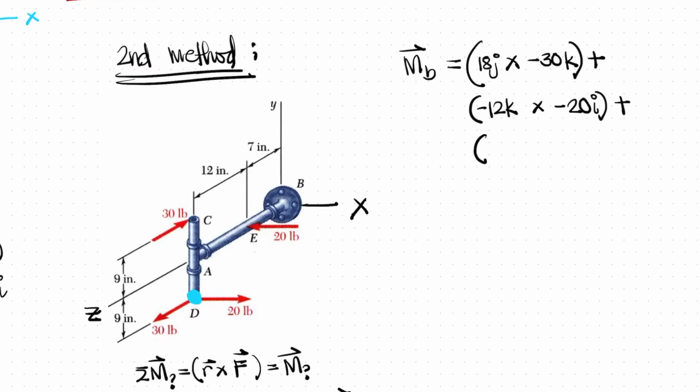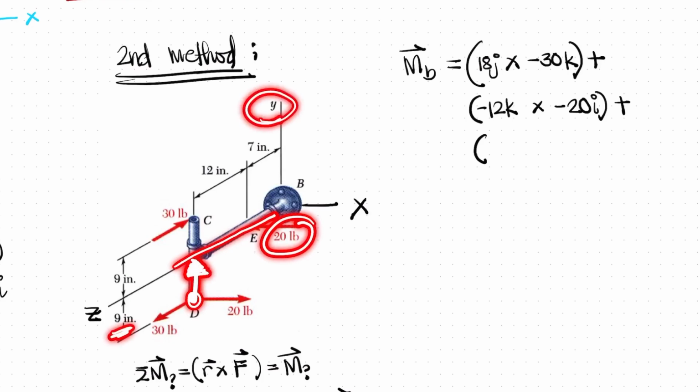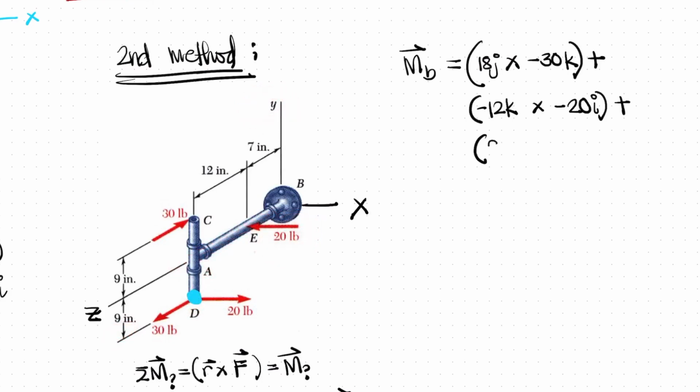The last force has a perpendicular distance from point D of this distance, which is 9, going up along the y-axis, so positive 9 j, times the same force, negative 20 because it points toward the left side of your x-axis.